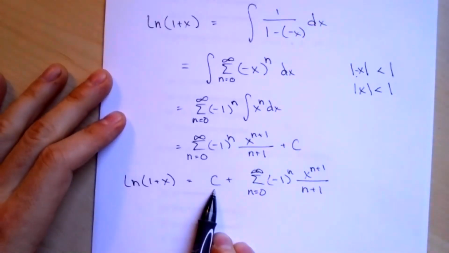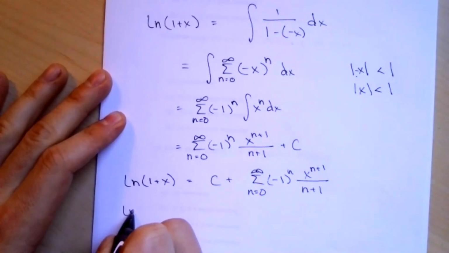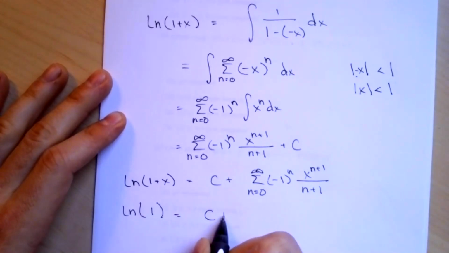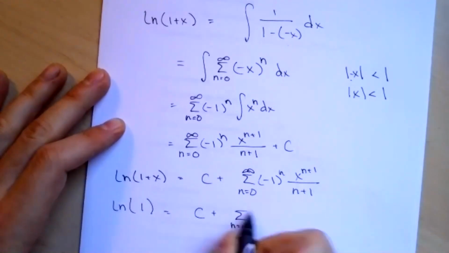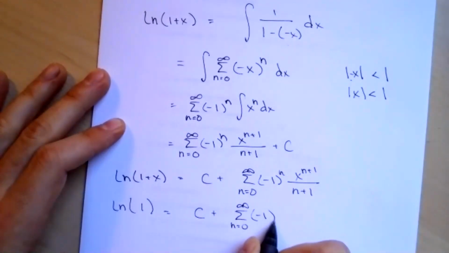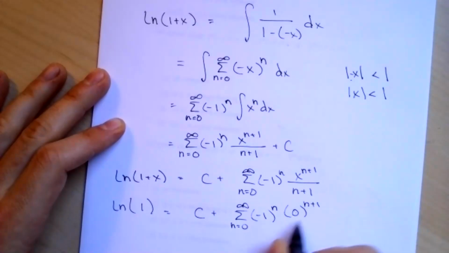We plug in values. So the easiest value is always x equals 0. And then again, be careful when you're evaluating these, especially at 0.